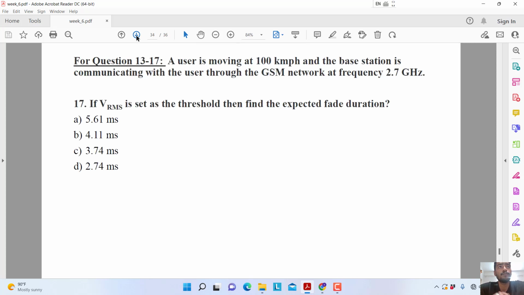Next question: if VRMS is set as the threshold, find the expected fade duration. Now the question has changed. Here we have to find the expected fade duration.